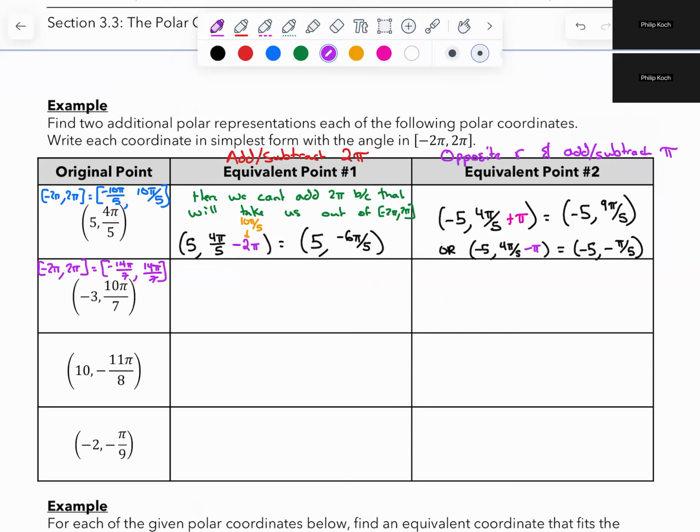So I have to subtract 2 pi. This becomes negative 3 comma 10 pi over 7 minus 2 pi, which gives me negative 3 comma negative 4 pi over 7.